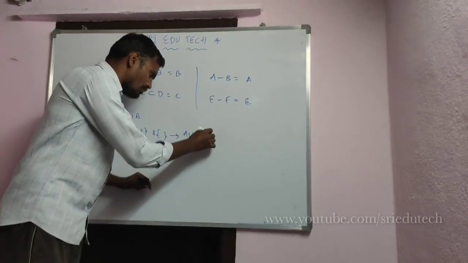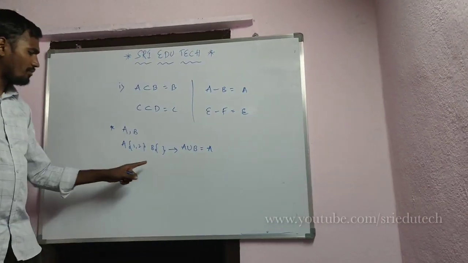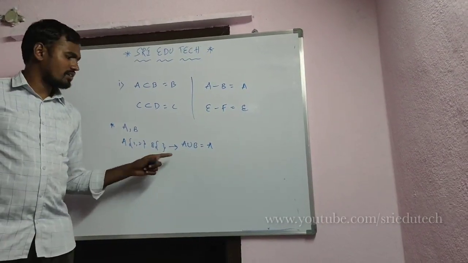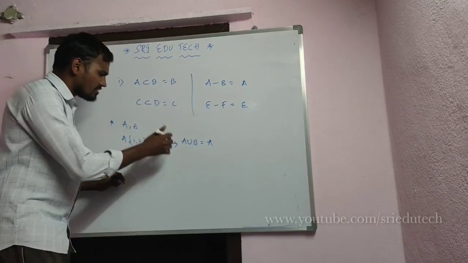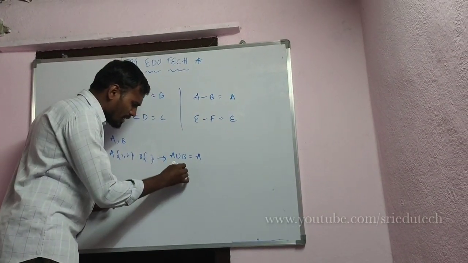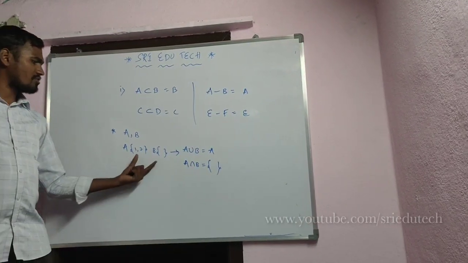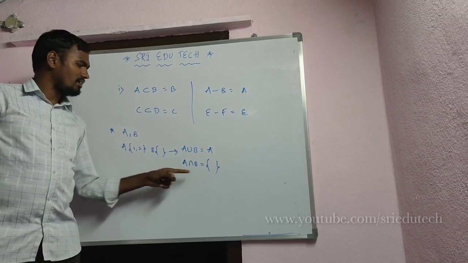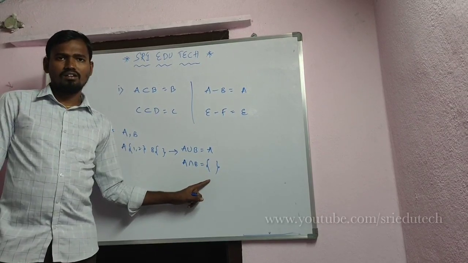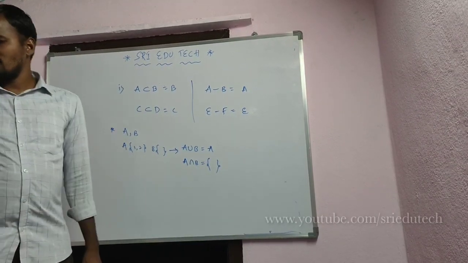A only, because B has no elements. Next, A intersection B means null set. Why? Because there are no common elements. This is A intersection B. Got it, all of you? Right. Next.